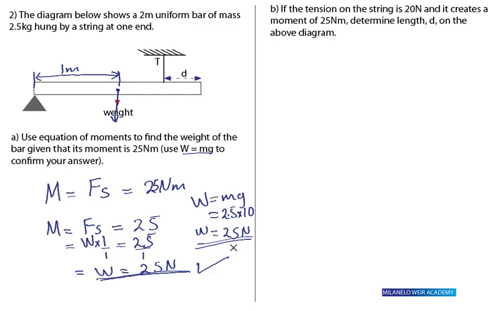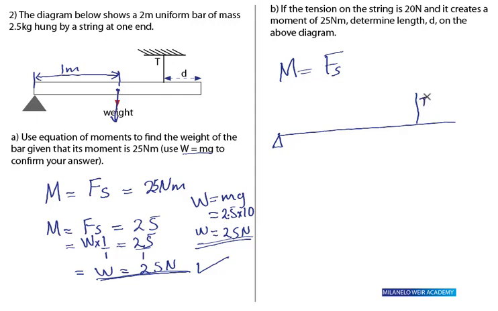Let's look at part B. If the tension on the string is 20 Newton and it creates a moment of 25 Newton meter, determine length D on the above diagram. Okay, good. Moment is equal to force times distance. But first of all, let me do this. So this is my pivot, this is my string, right?